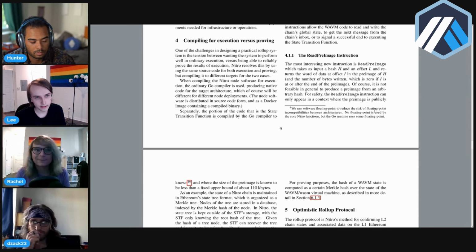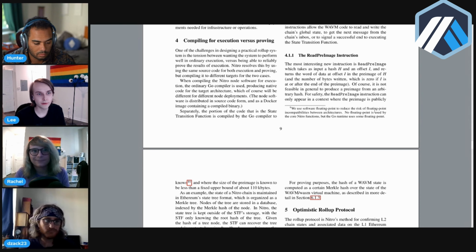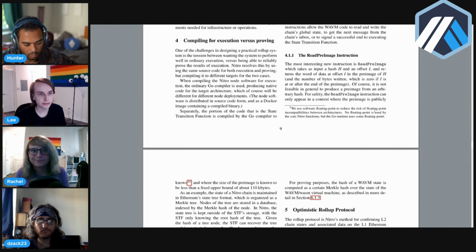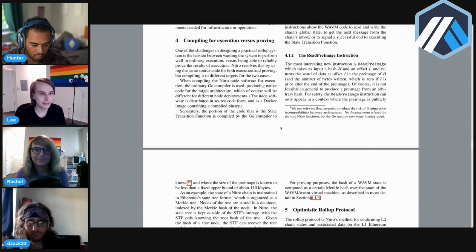So under normal circumstances, I couldn't just figure out what contents a block hash has, right? If you hand me some random block hash, I wouldn't really know what to do with it. But if I had a local node, or I just went to Etherscan and I put in that block hash, I would find out all of the details of that block. And that's the same theory as the read preimage instruction.